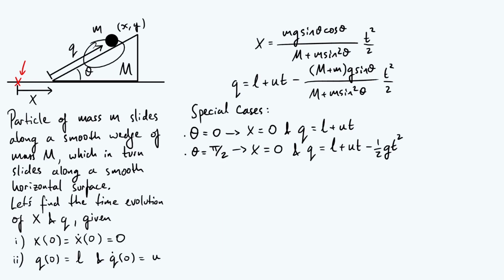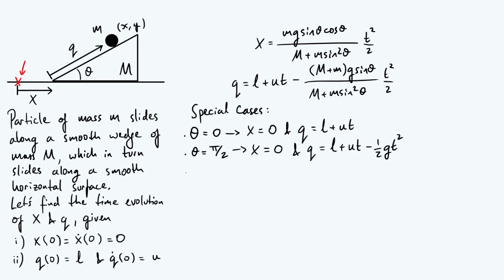The particle is just going straight down, and the wedge doesn't have any horizontal force acting on it. So again, it makes sense that in that case, the wedge wouldn't move. And this equation here is exactly what you would get for a particle in free fall moving vertically. And q is just equivalent to a y coordinate there, right? It's a vertical coordinate. Exactly what you'd get from SUVAT with an acceleration of just g, of course.